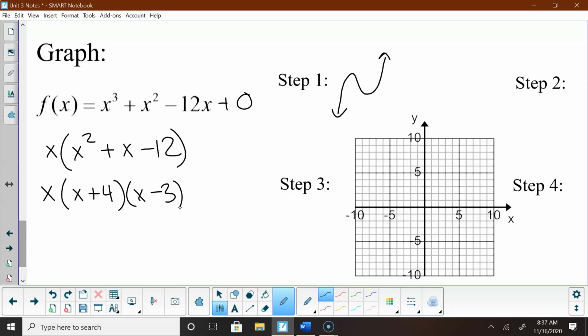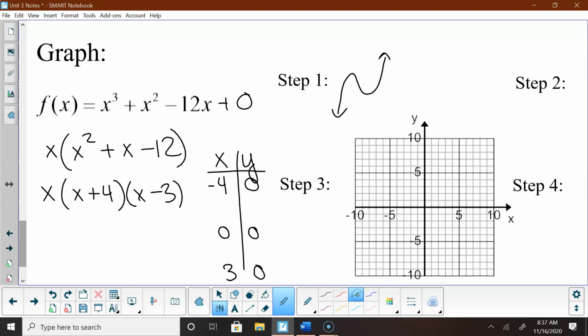Okay. So I can jump right into my table, right? This one's nice because I don't have to do quite as much work. So I've got negative 4, I've got a 0, and I've got a positive 3. So I got some numbers to check.